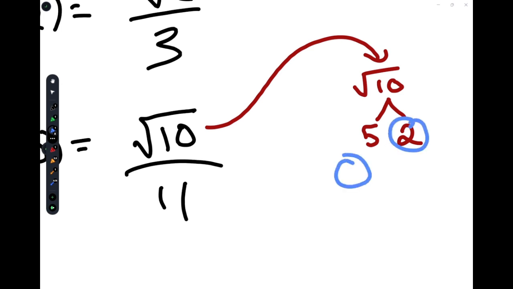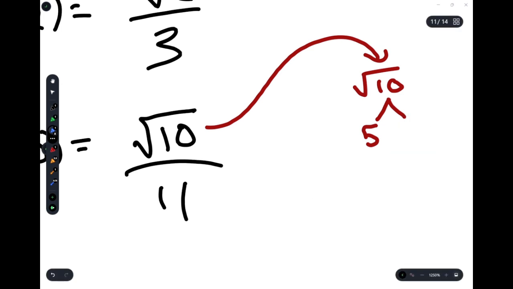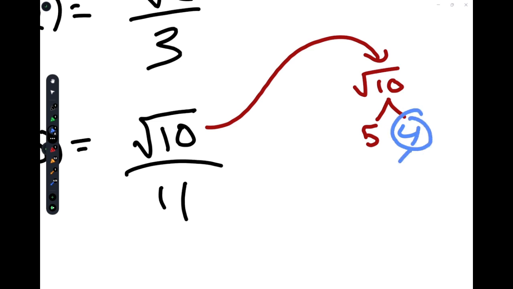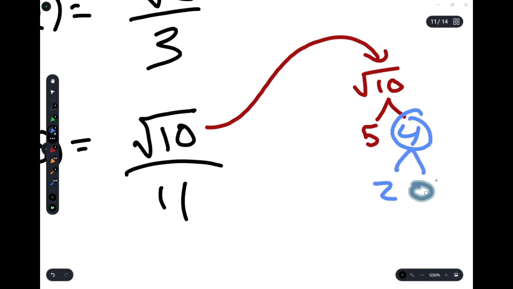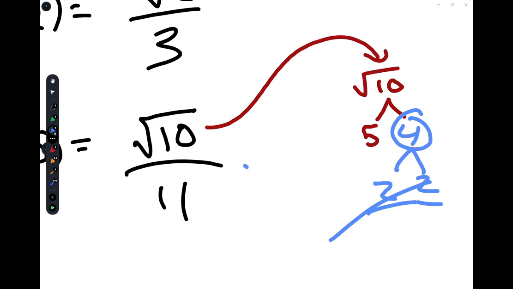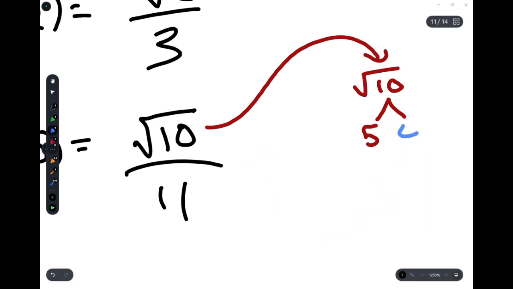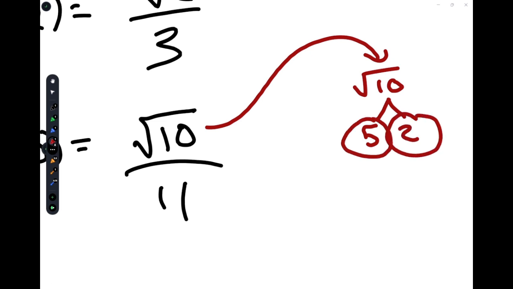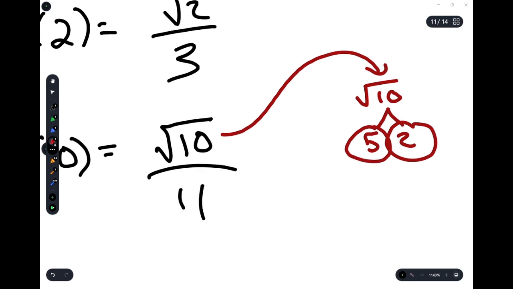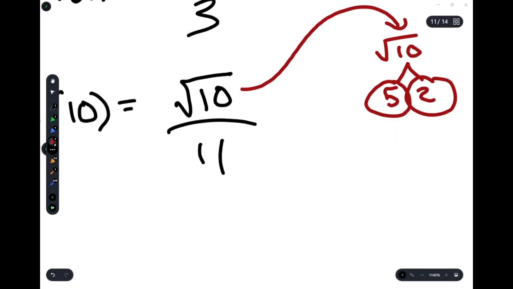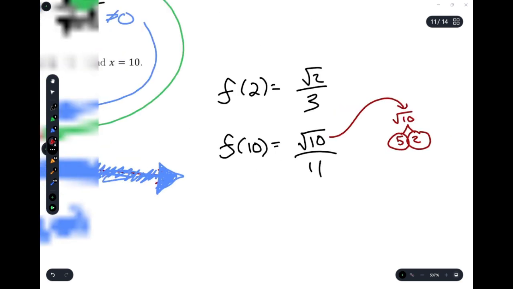No. You got to have 2 matching numbers. Like a 4 would have been dope because it could have broken into a 2 and a 2, which match, and you kill them and bring them to the outside. But if you get it down to different primes, it's kind of as simple as it gets. It's not happening, Captain. So those are our 2 numbers right there.